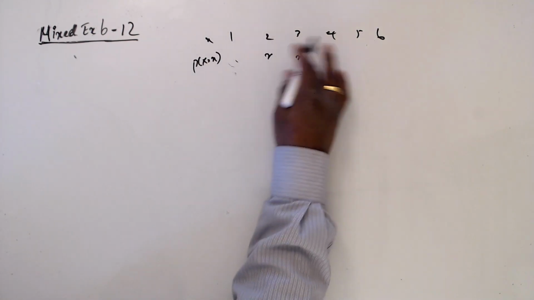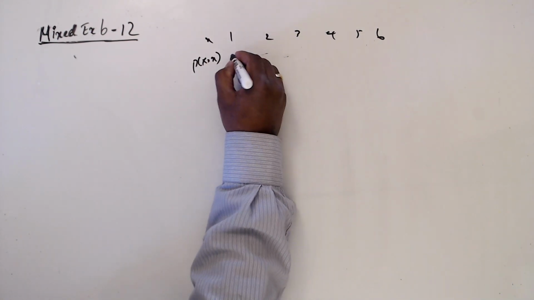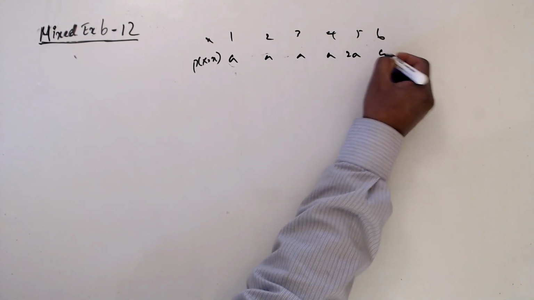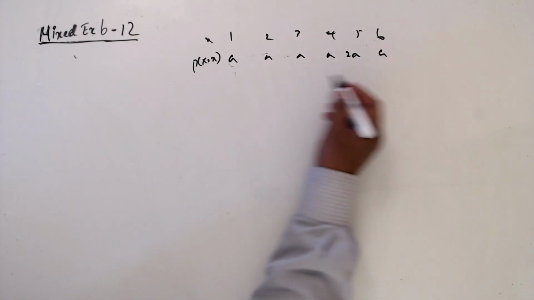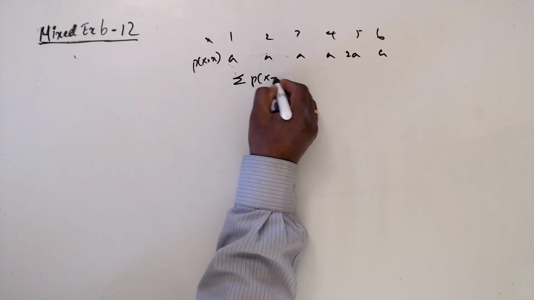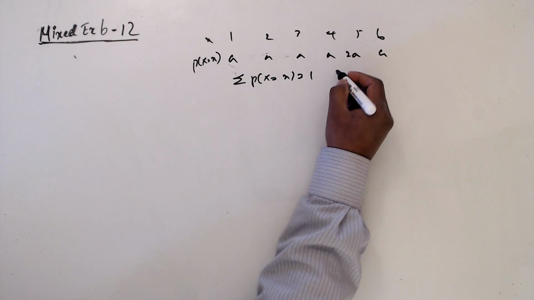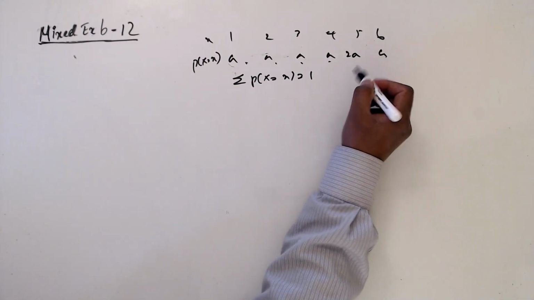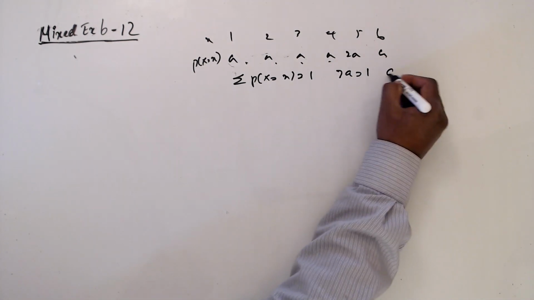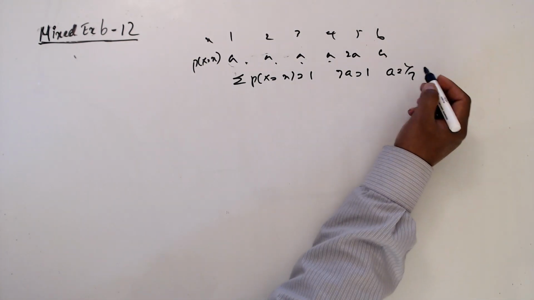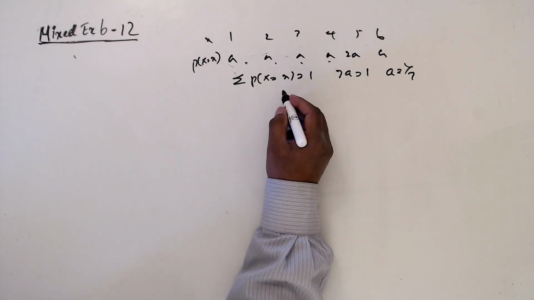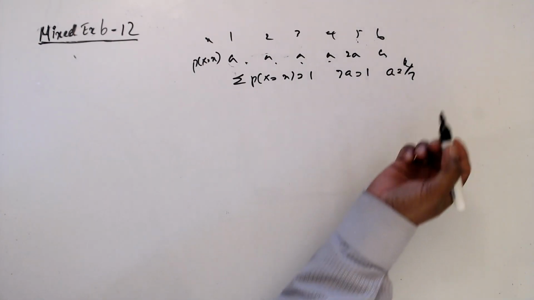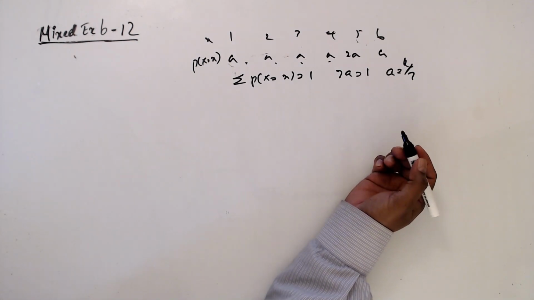I'll change this one to 2a, and the others a. So summation of P(X equals x) has to be 1. So 1, 2, 3, 4, 5 and 2, 7a equals 1, a equals 1 over 7. So getting 6 is 2 over 7.